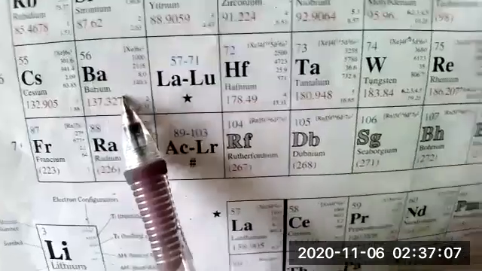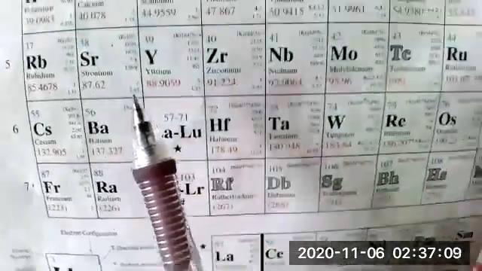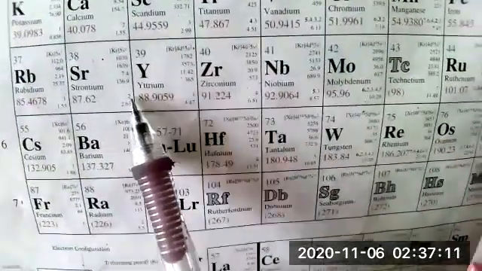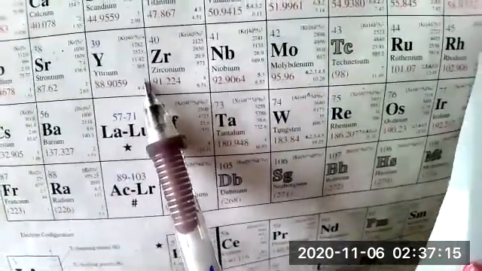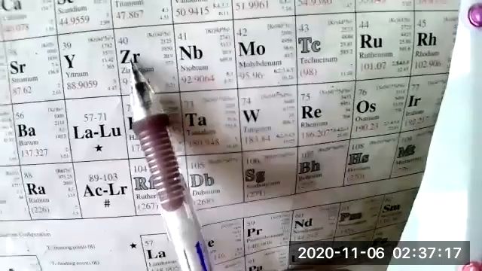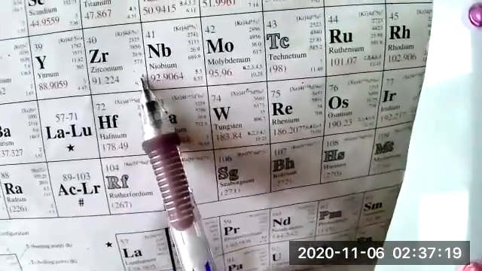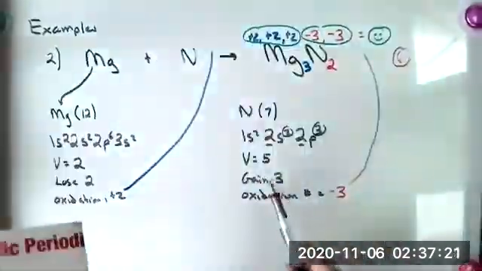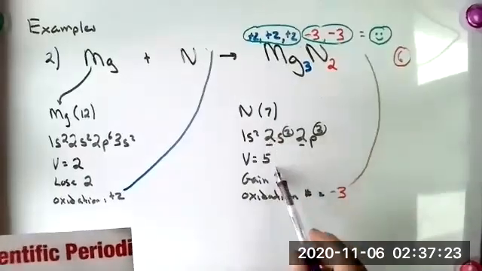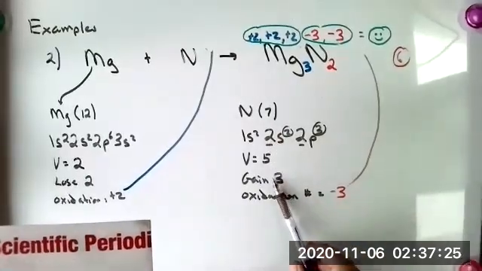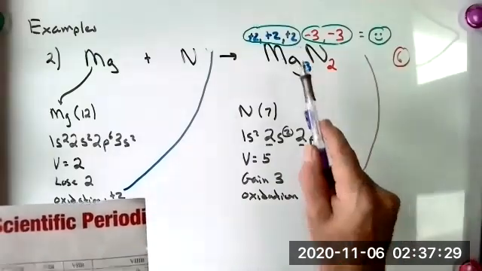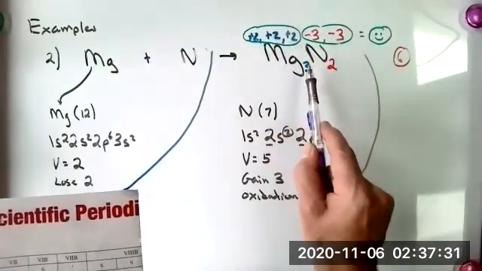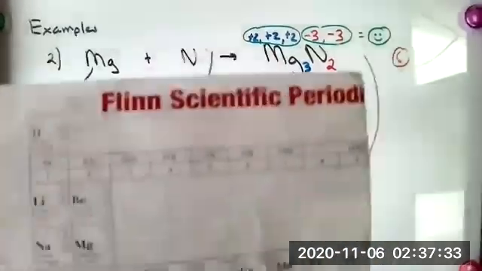So barium +2 oxidation number, strontium +2 oxidation number, yttrium a +3 oxidation number, zirconium a +4 oxidation number. You don't have to do this anymore, but you know how it was produced. You know how these are developed, and now you know how to use them to form formulas.